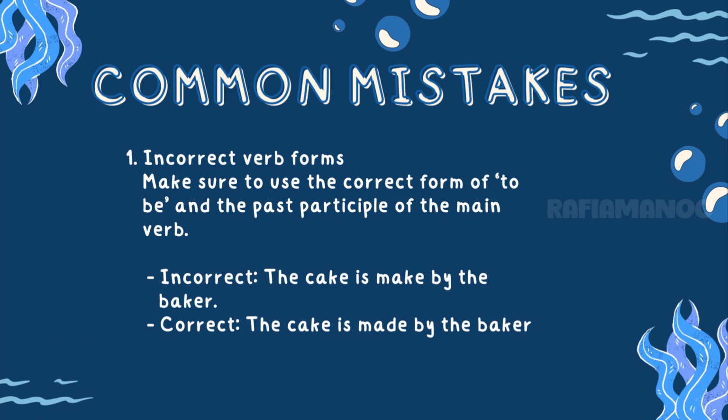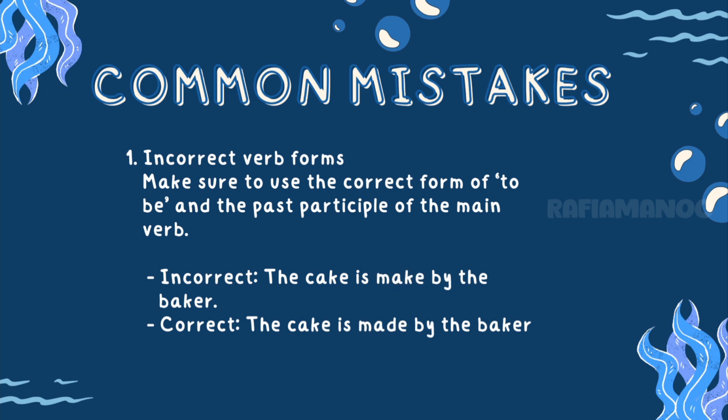Number 1. Incorrect verb forms. Make sure to use the correct form of to be and the past participle of the main verb. The example is, incorrect: The cake is make by the baker. The correct is: The cake is made by the baker.